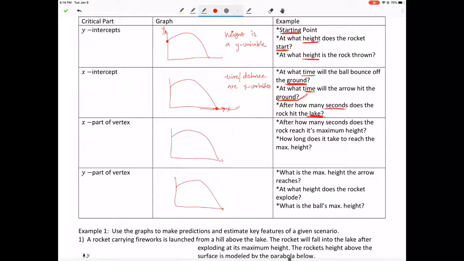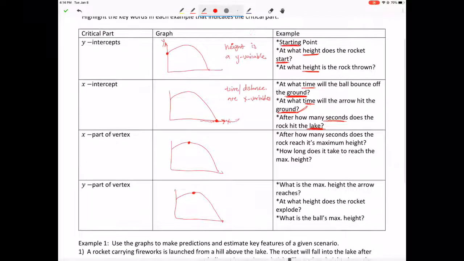Okay, then for the vertex, here would be our vertex, and it would also be the same vertex for our y. But here we're looking for things like time or distance.